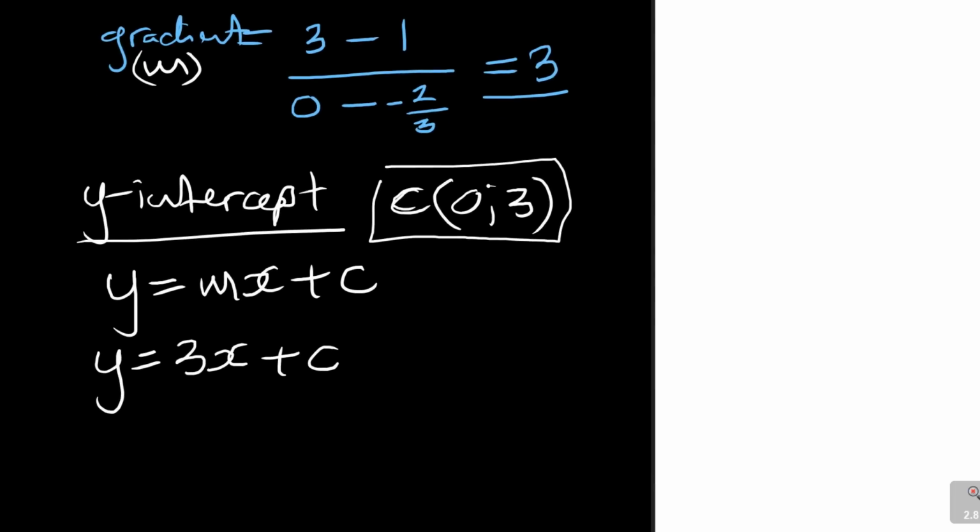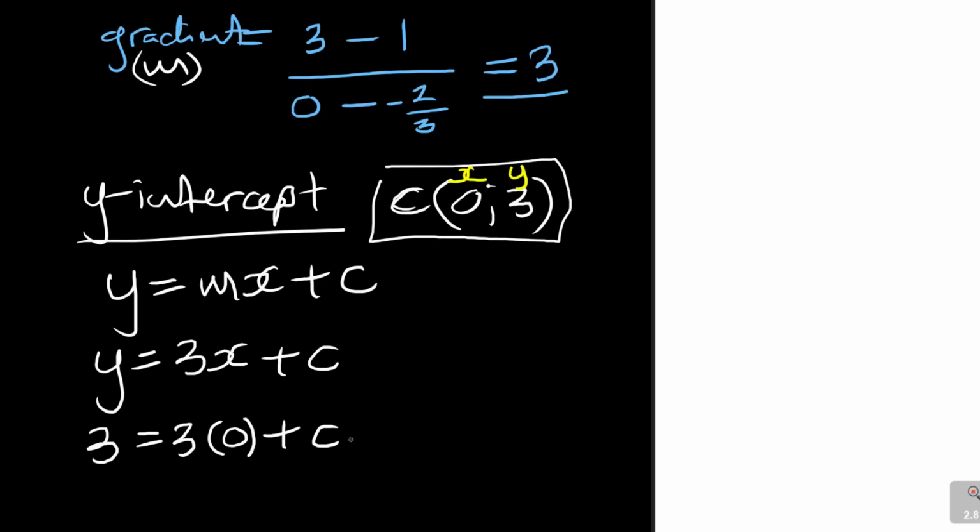So you focus now on this and say, this is my x value. This is my y value. You come and substitute here. Where there is y, we put 3 is equal to, where there is m, remember we put 3. Where there is x, what do we put? Bracket 0 plus c.